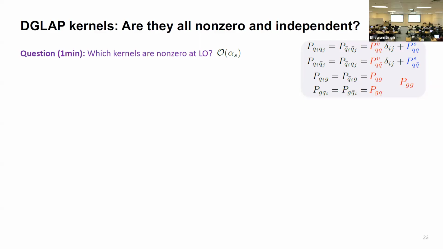Yes. I'm confused about this question. So how would the kernels nullify at leading order? So the kernels are the evolution kernels. They are calculated order by order in perturbation theory. Yes, so they are results of the UV renormalization of the PDF. Yeah. So the best way to look at this is to simply draw some perturbative PDF diagram and look at how the flavors can mix with each other.